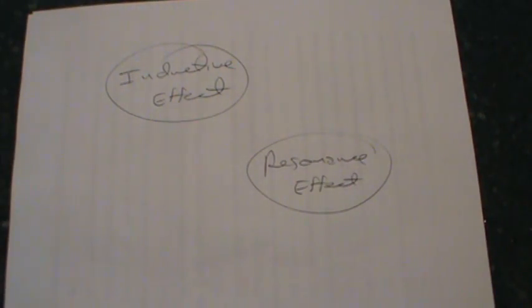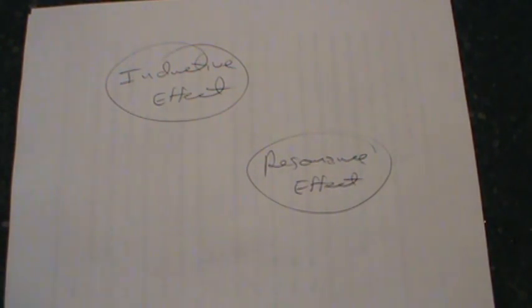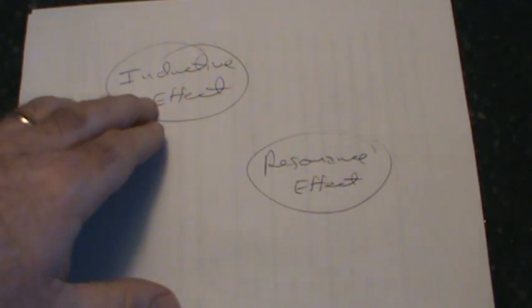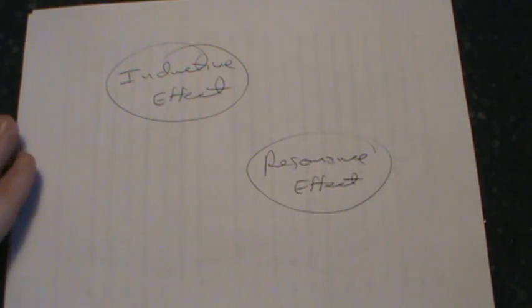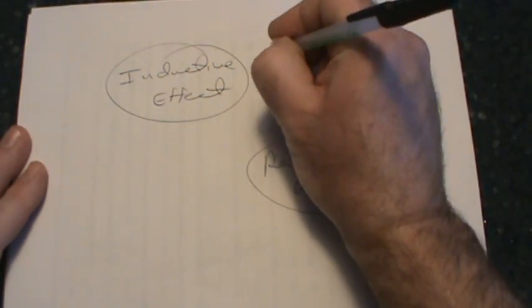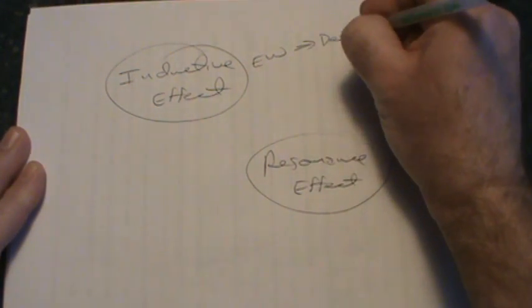For the halogens, as well as for the amino group and the hydroxyl group, the inductive effects and the resonance effects are working against each other. In all three cases, the inductive effect is pulling electron density out of the ring. It's an electron withdrawing effect, leading to a deactivated ring.